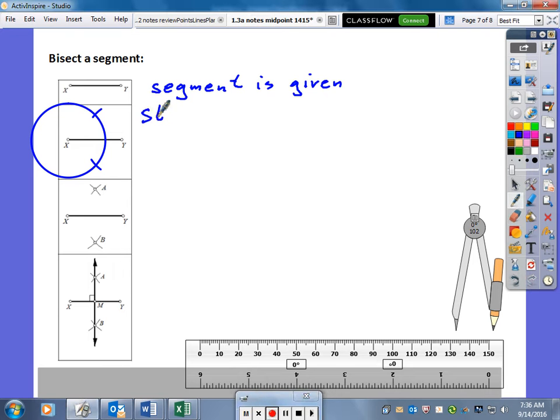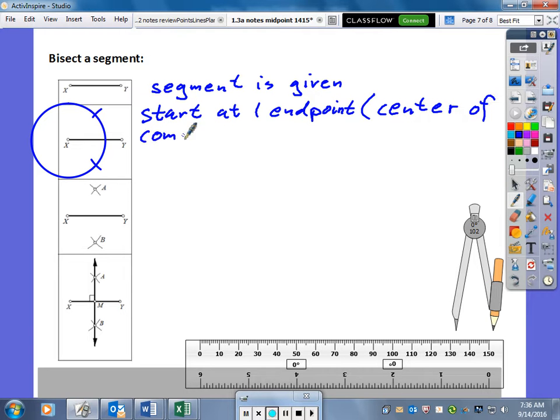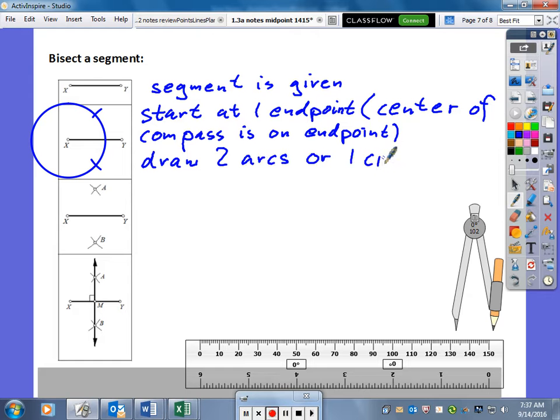So we started at one endpoint, the center of the compass was on that endpoint, and we drew either two arcs or an entire circle. It's totally up to you.